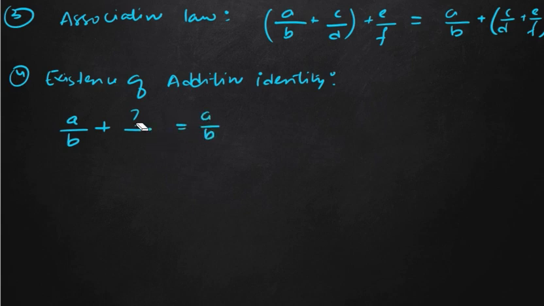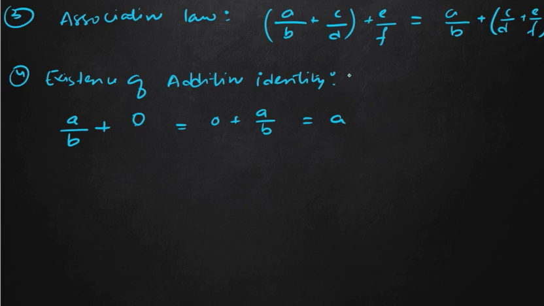So obviously if we add 0 to any rational number, the result will be same. Okay, so if you add a 0 after a by b or before a by b also, that means if we add 0 first with a by b, the result will be same.